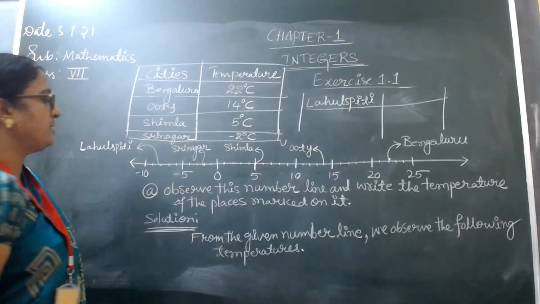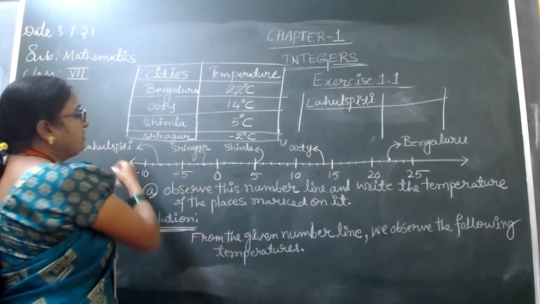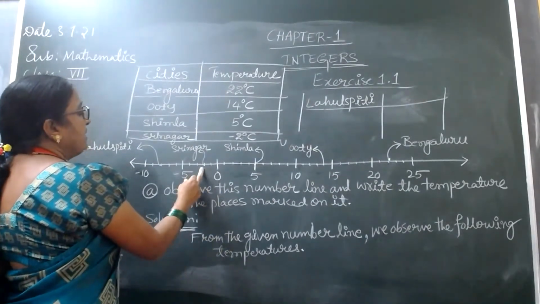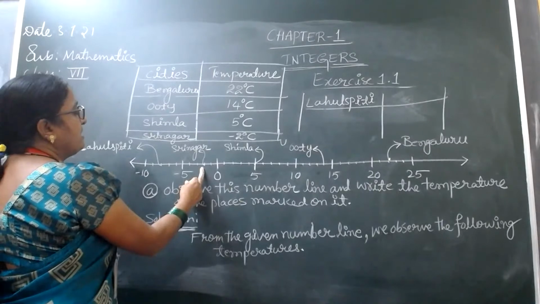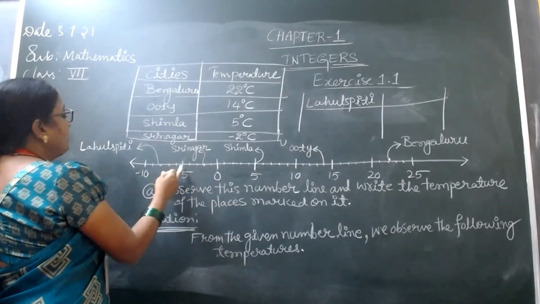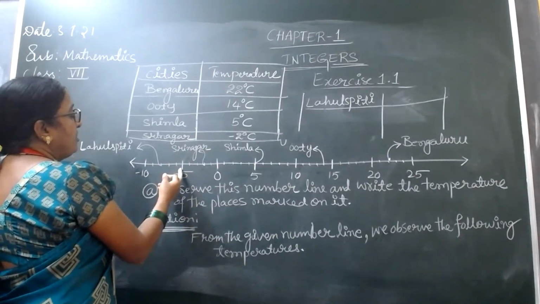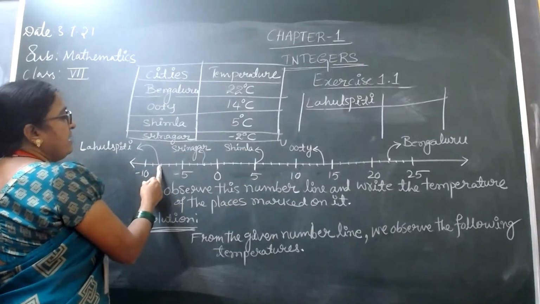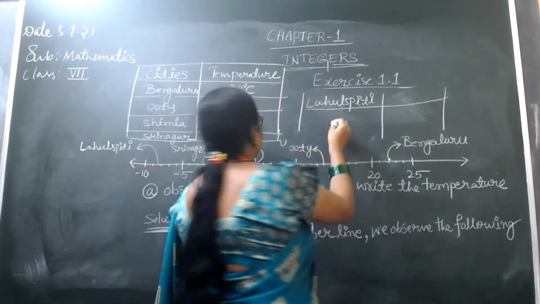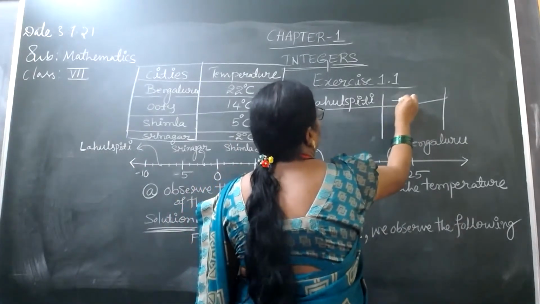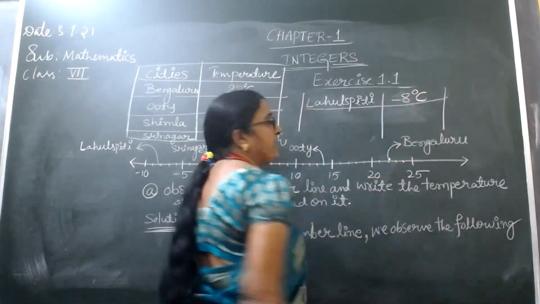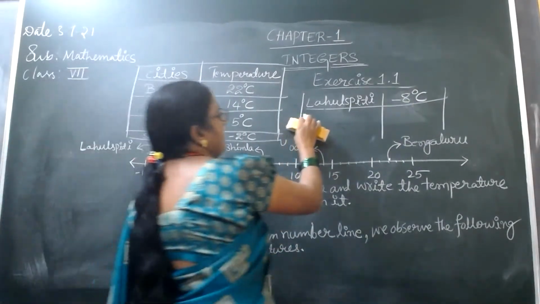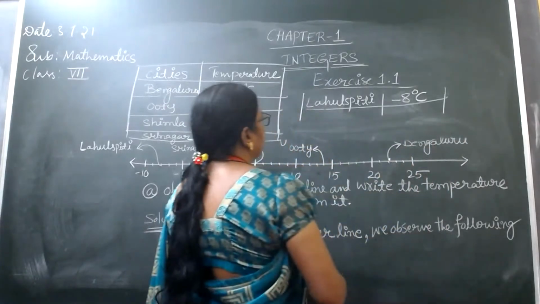There the temperature is below 0 degrees. So much cold. So -2 degrees Celsius for Srinagar, and Lahul Spiti is after -5, -6, -7, -8. -8 degrees Celsius is the last city. Okay.